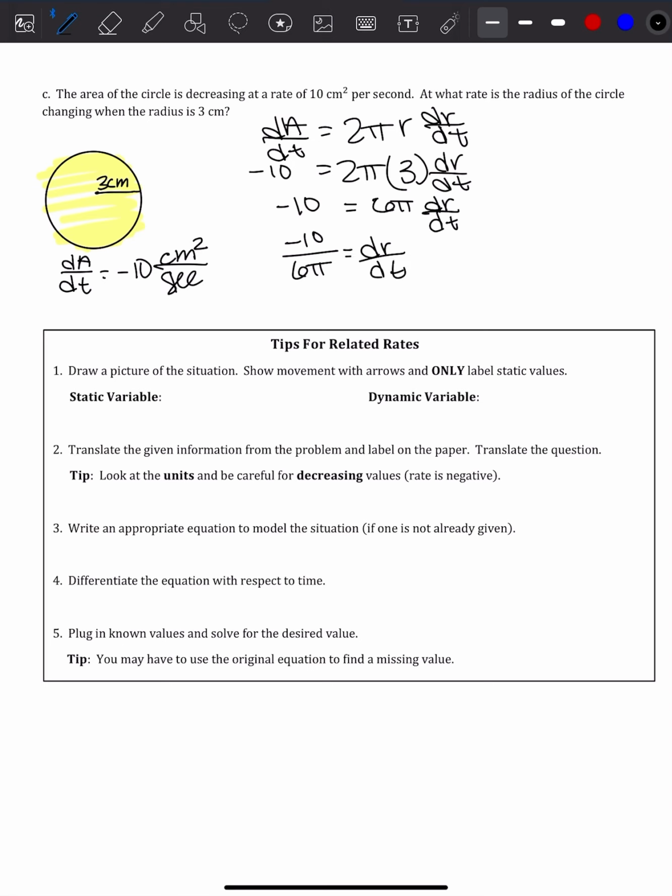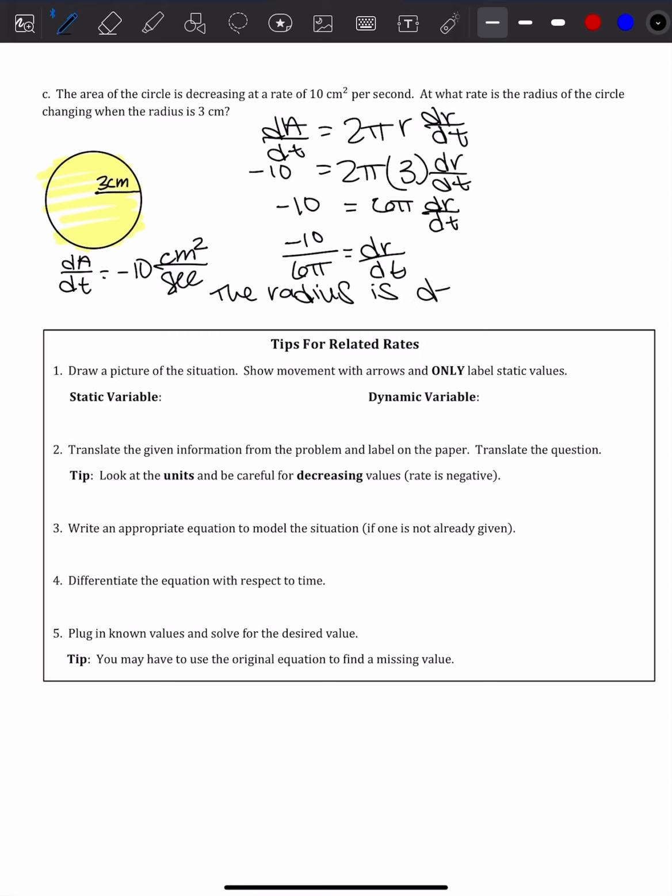dr/dt is a radius, so we know that these units are going to be centimeters, but it's a rate. The radius is changing, so centimeters per second. When we put this in the calculator, we need to make sure to do 10 divided by the quantity 6π, or 10 divided by 6 divided by π. So the radius is changing.